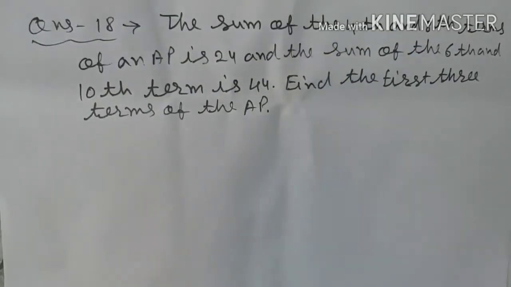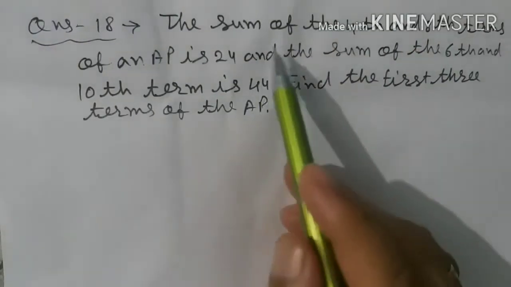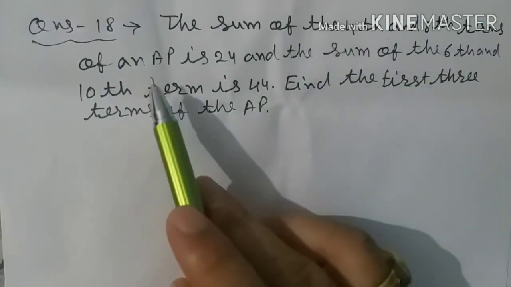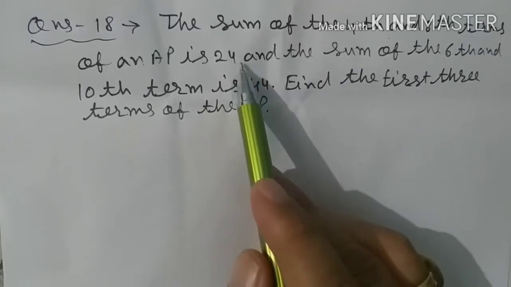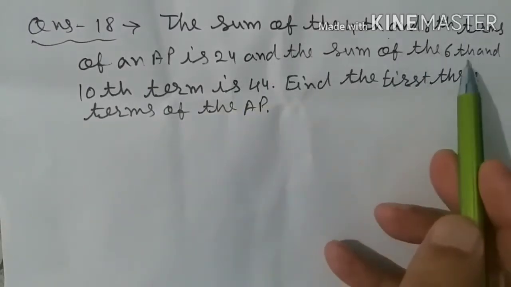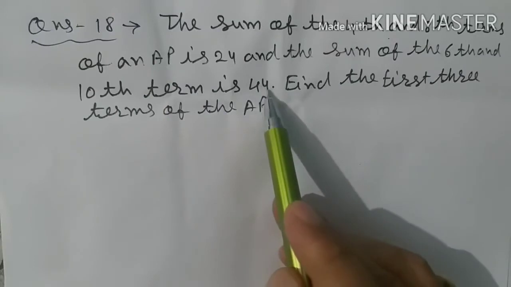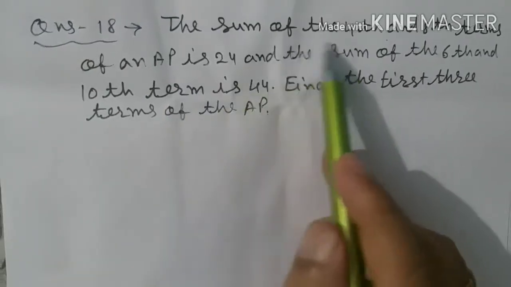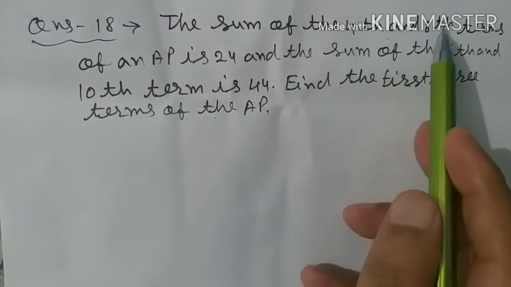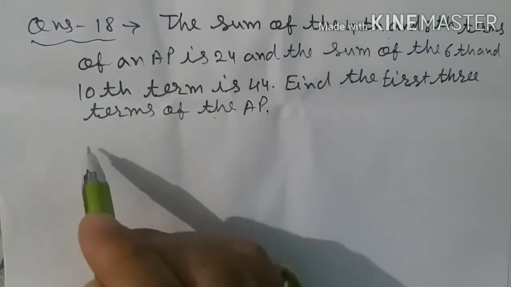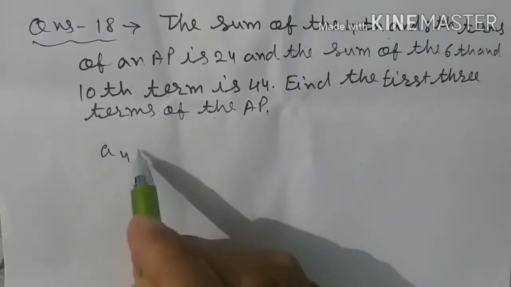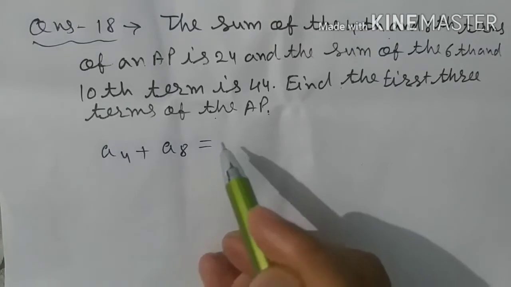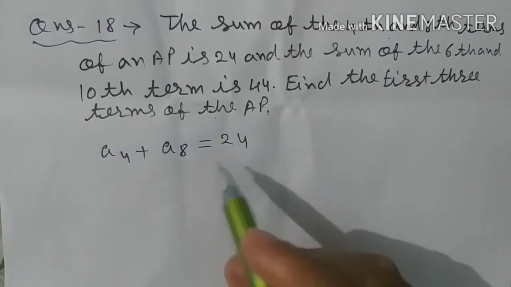The sum of the fourth and eighth terms of an AP is 24, and the sum of the sixth and 10th terms is 44. Find the first three terms of the AP. Now, the fourth and eighth term sum means A4 plus A8 is 24.